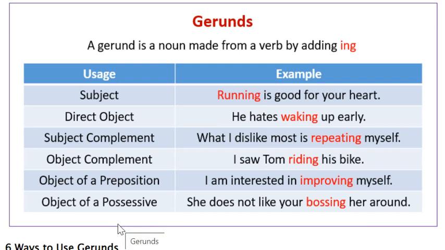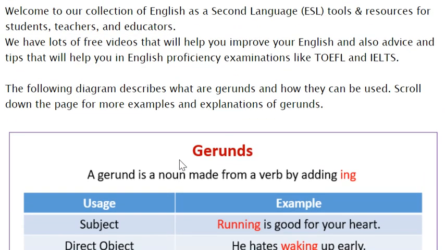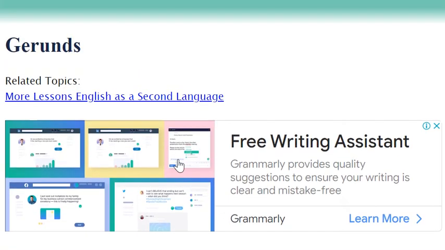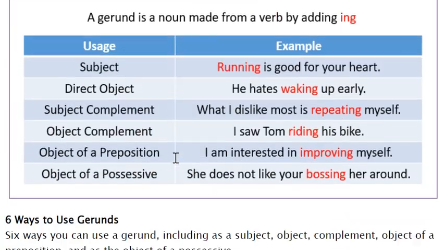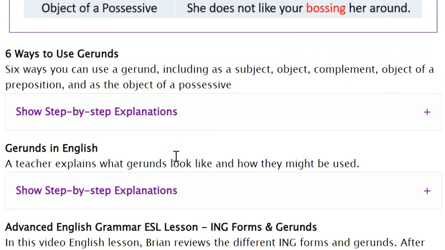Okay, for the gerund, we go into detail about gerund. Six ways to use a gerund. Six ways you can see a gerund, including as a subject, object, complement, object of a preposition, and as the object of a possessive.